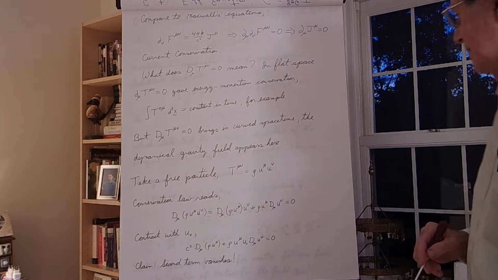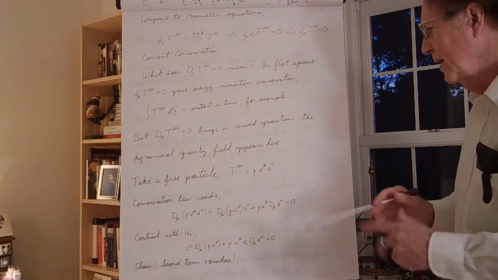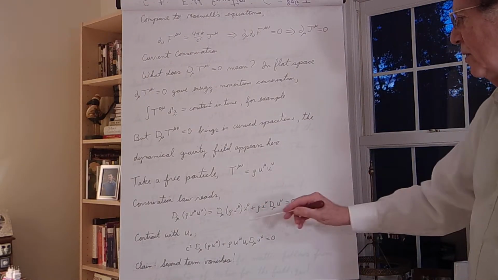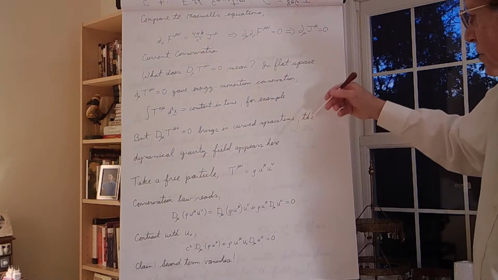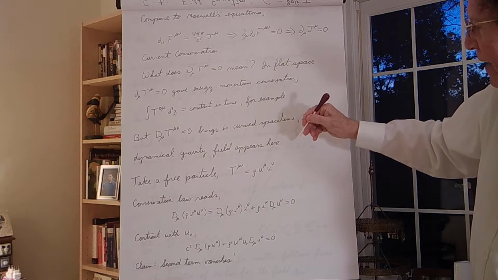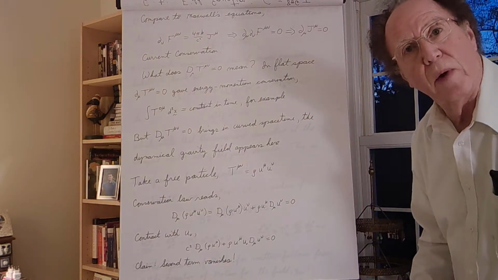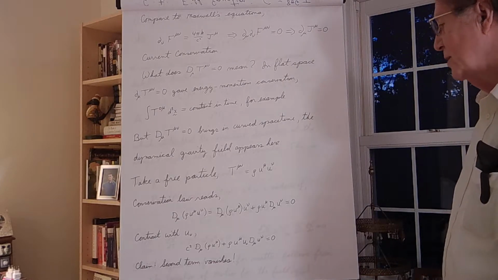This almost looks familiar, but let's work on it a little bit. Let's contract this equation with the velocity u sub nu. Why do I do that? If I do that, then I get the velocity contracted with itself. That's u squared, which is equal to c squared for the 4-vector velocity.